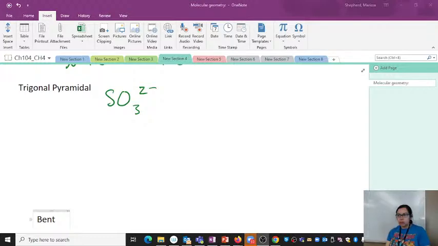So did we get a structure for sulfite? How many bonds? How many lone pairs? Also, start with how many total electrons.